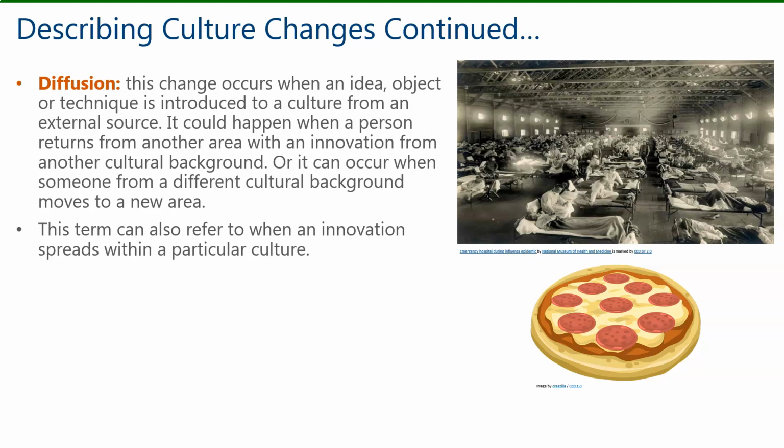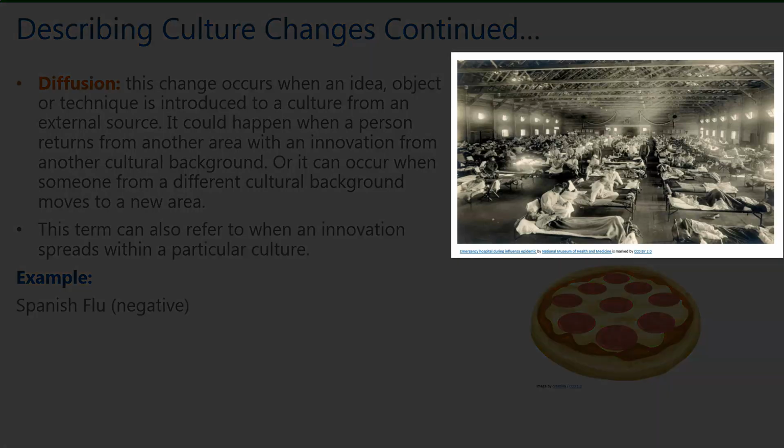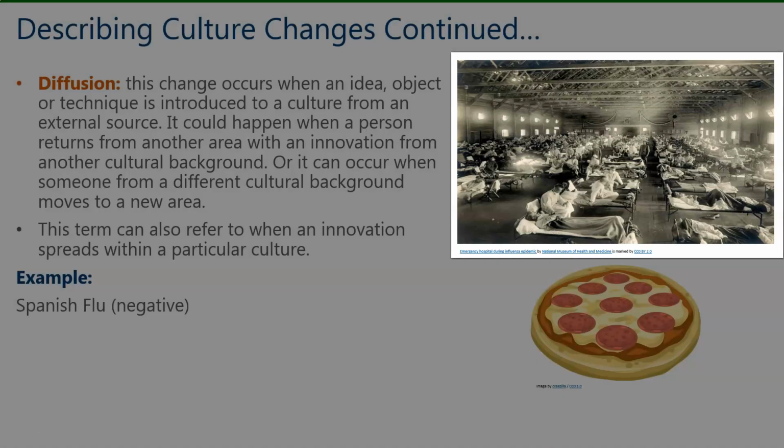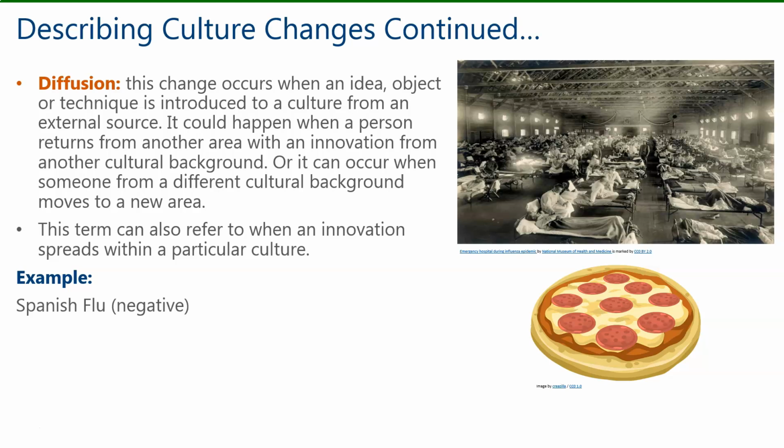I have two examples for diffusion, and the first is a negative one, unfortunately, and that is the Spanish flu. If you haven't heard of that before, it was an occurrence of influenza in the early 20th century, and it was actually considered an epidemic. It ended up spreading because of the First World War, and also because of bringing supplies and different other things to places.